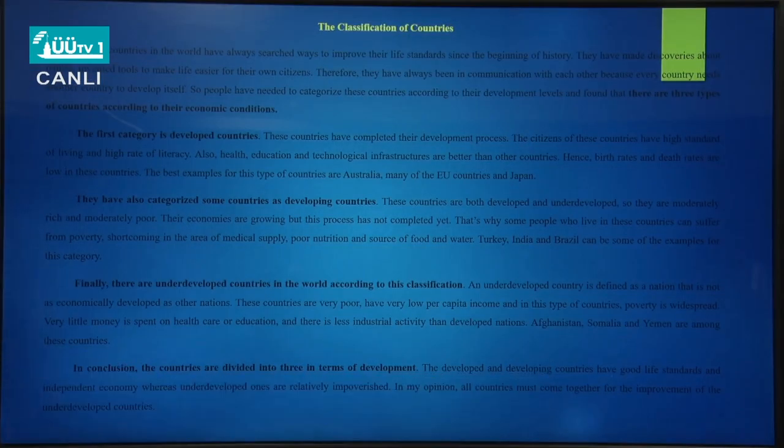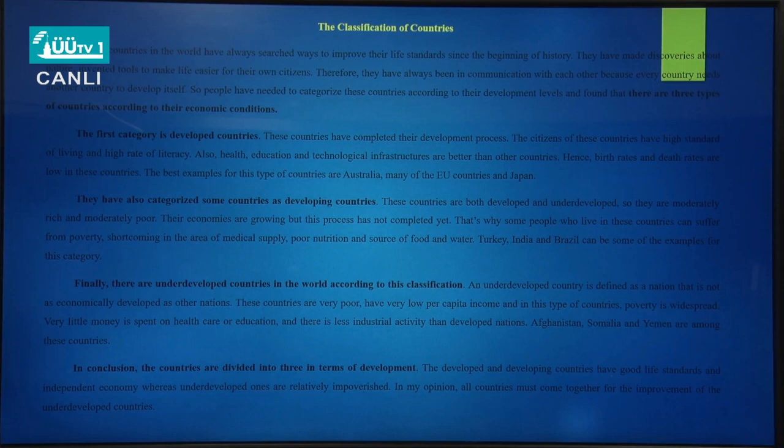You can see here we have five paragraphs. Paragraph number one is our introduction. I've started with a general idea, then we have our thesis statement. What is our thesis statement? There are three types of countries according to their economic conditions, the bold ones.